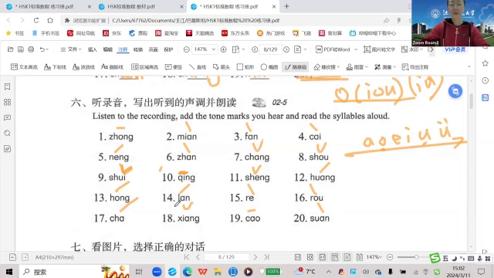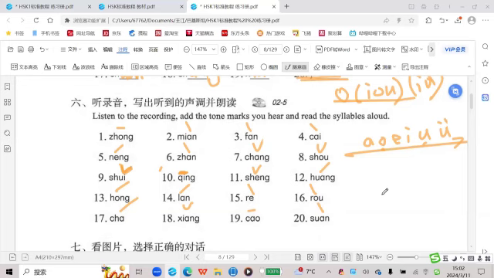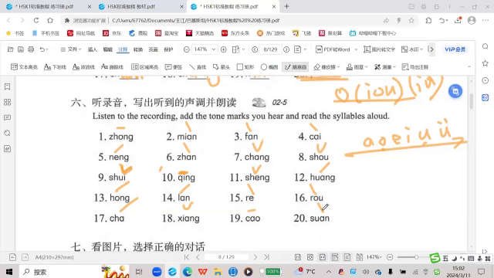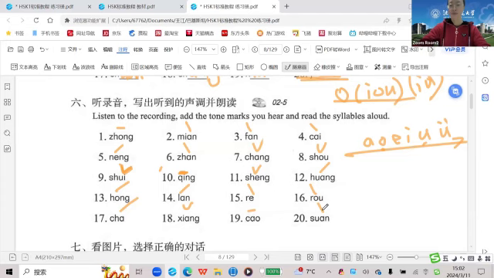Go on to read after me, please. 蓝. Hello. 你好. Go on, let's go on. 蓝. OK 热肉 很好. Very good. 谢谢 非常好. OK.